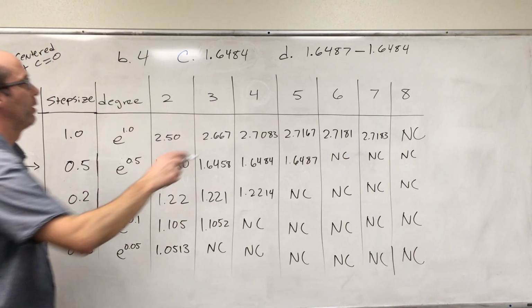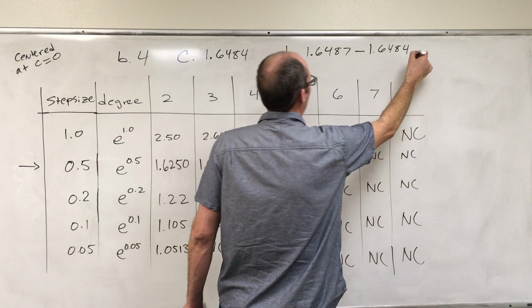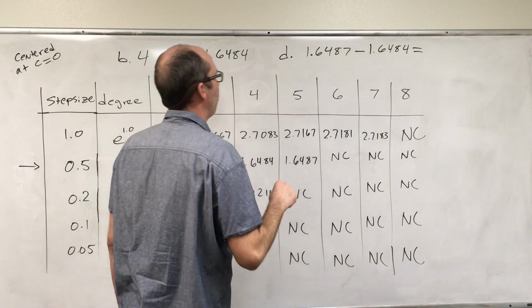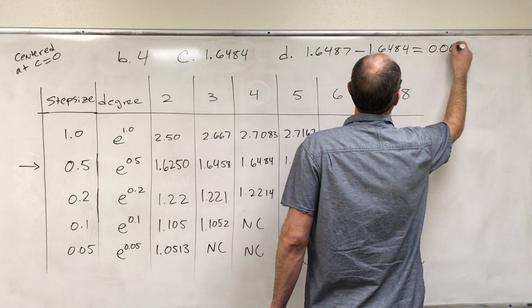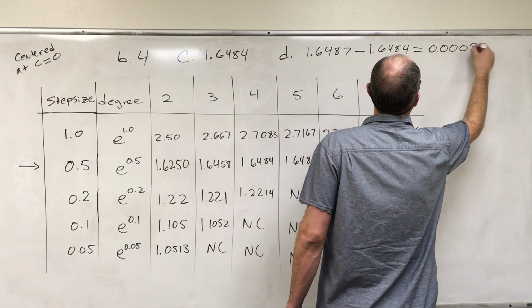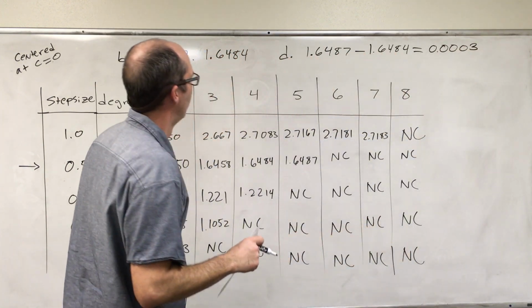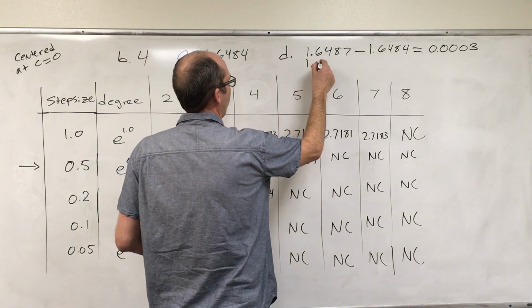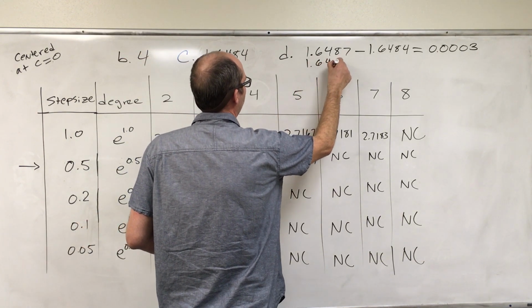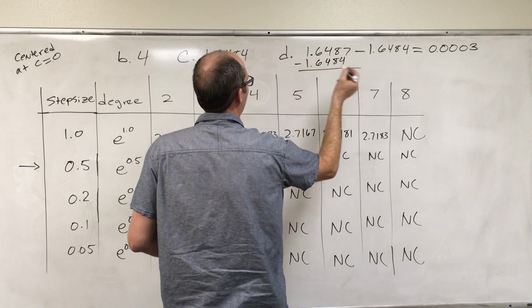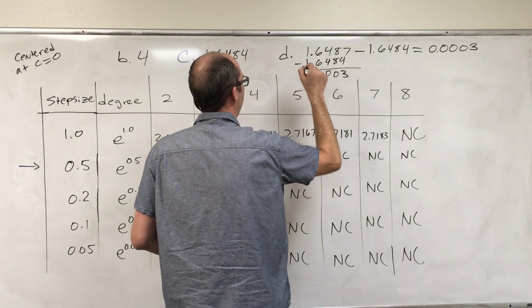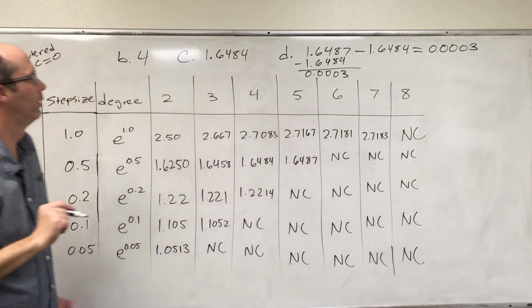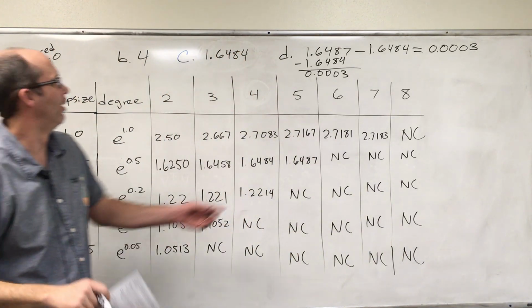Now, if you put this into WebAssign, that won't be the right answer. They're going to want what this is equal to. But if you just subtracted those, this would be 0.0003. We can even do that. 1.6484 subtract, right? You get a 3 there. 0, 0, 0, 0. There we go. All right. Old school.